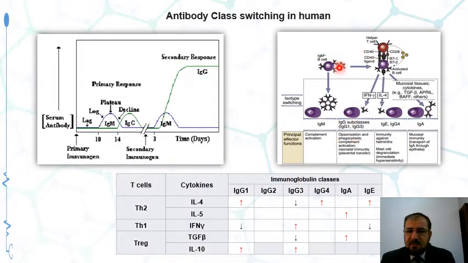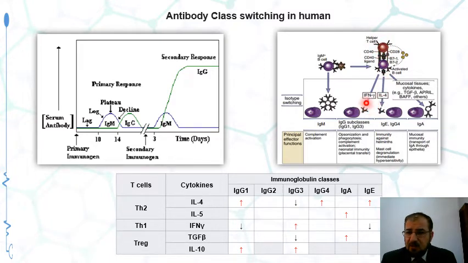To understand the class switching, look at this drawing. At first, the B cell will produce IgM antibodies in case of mild infection. So when the B lymphocyte encounters a pathogen for the first time, it produces IgM. Then the B lymphocyte will get help from the CD4 positive T lymphocyte, the T helper cell.